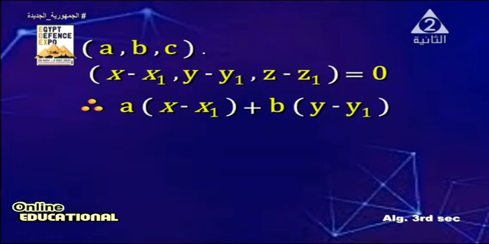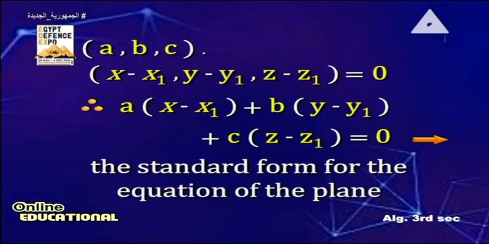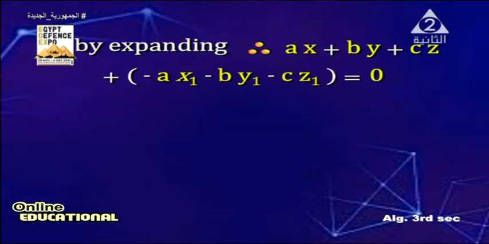Therefore, a multiplied by (x minus x1) plus b multiplied by (y minus y1) plus c multiplied by (z minus z1) equals 0. This is called the standard form of the equation of the plane. By expansion, we deduce that ax plus by plus cz plus (negative ax1 negative by1 negative cz1) equals 0.